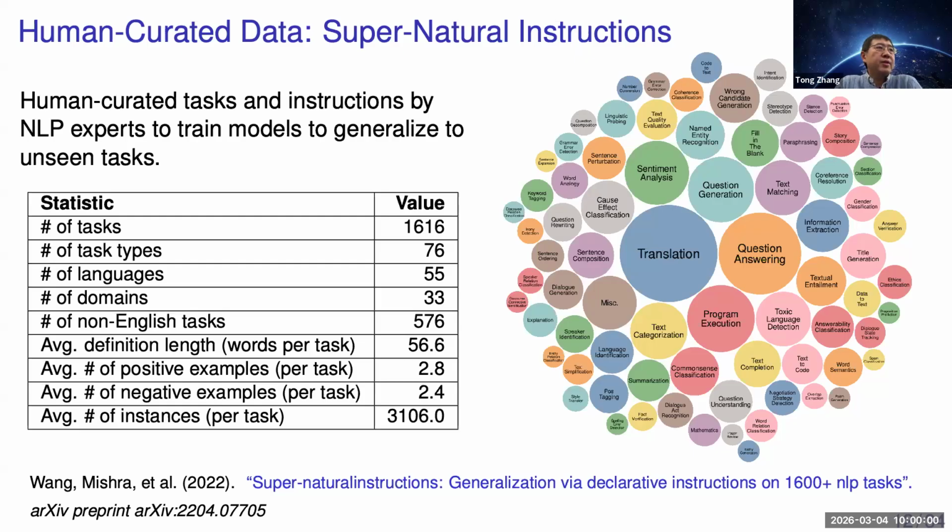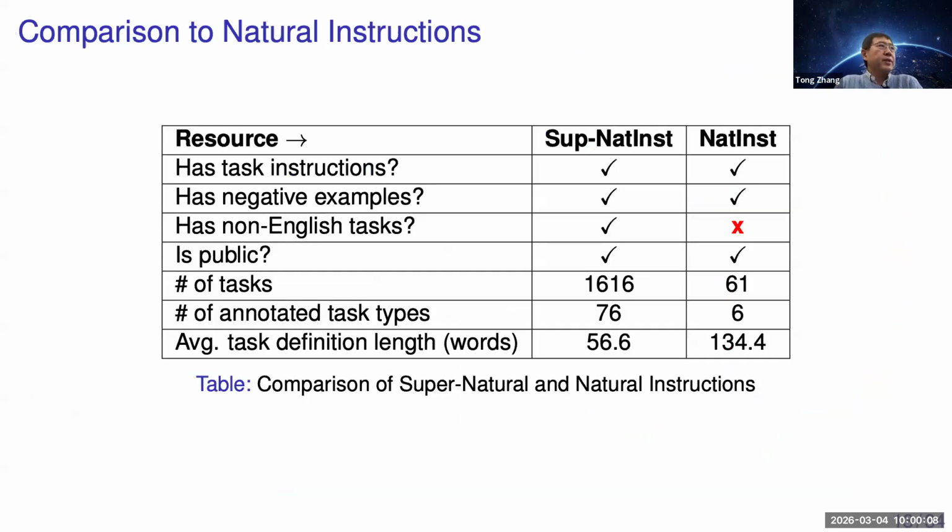This data can be used to train an LLM to follow instructions. If you compare with natural instructions, essentially it has become large.